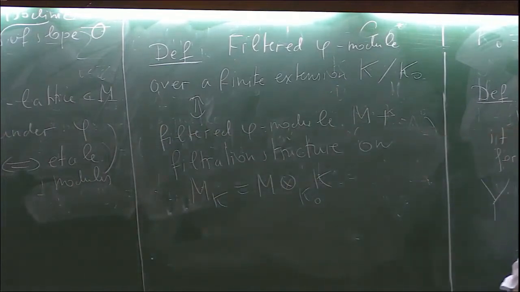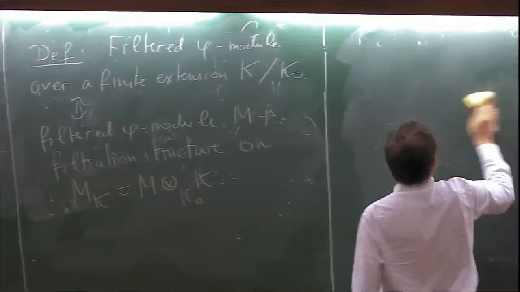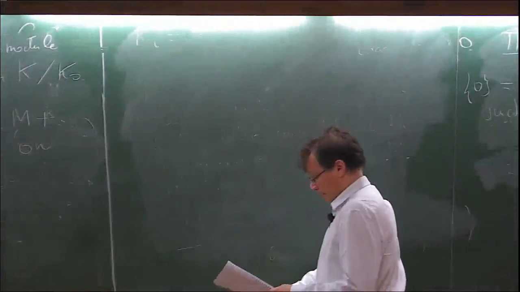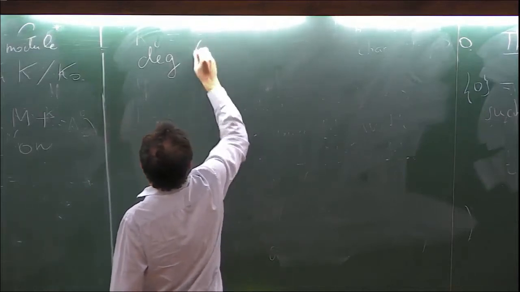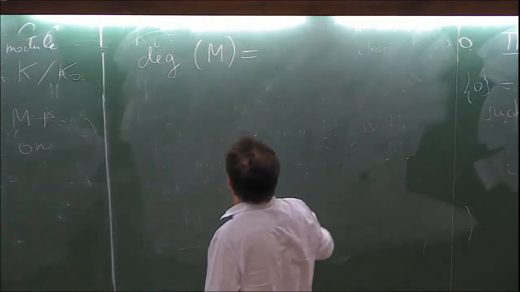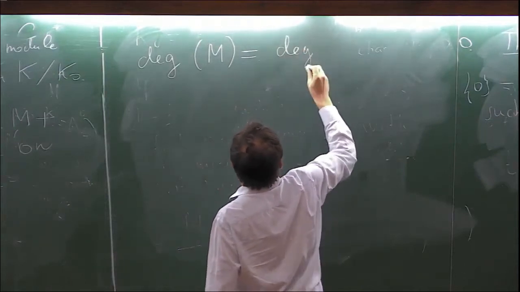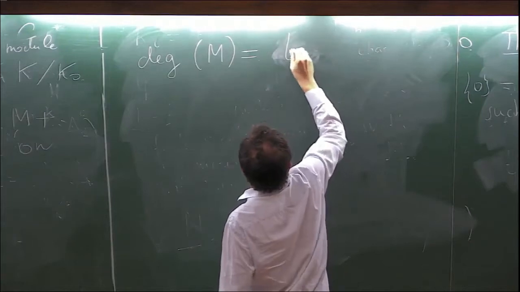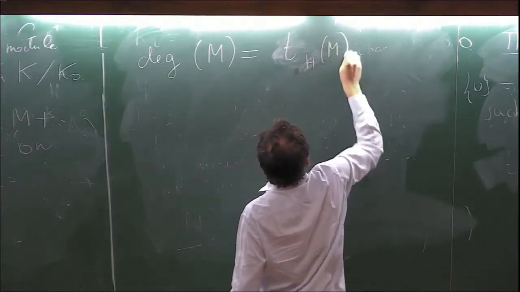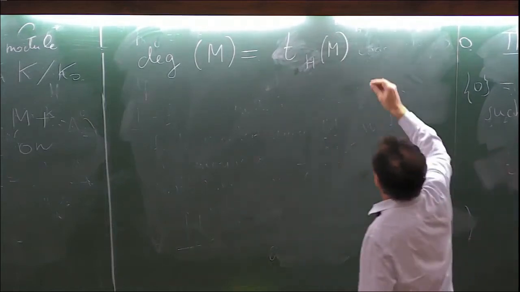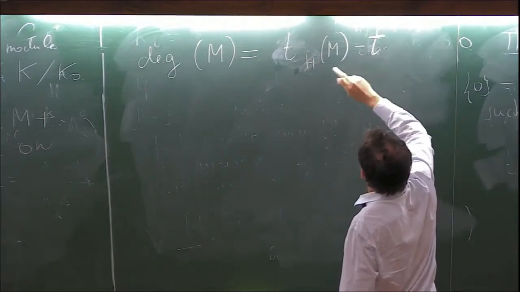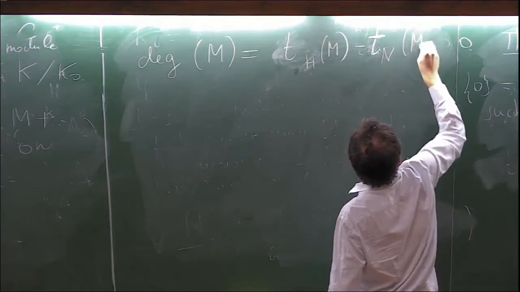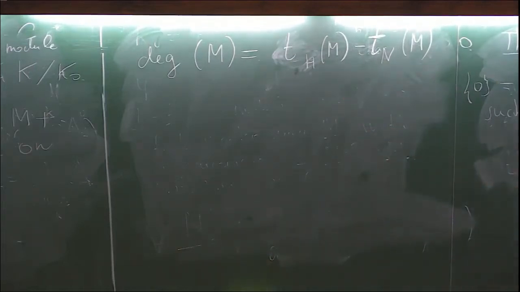On this category, we define the degree as the degree in the sense of Hodge theory, the filtered structure t_H of M, minus t_N of M. This is a definition.